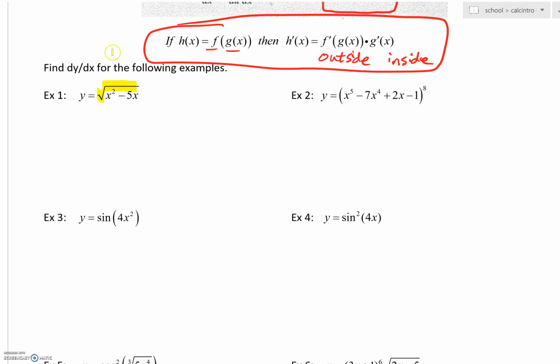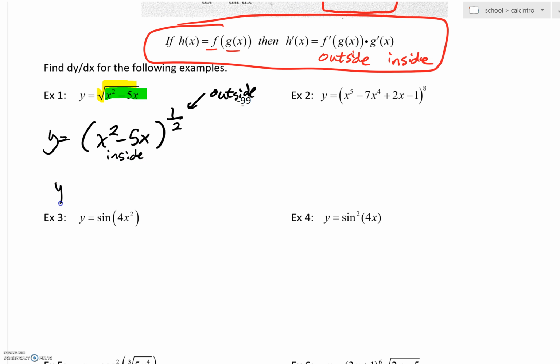And tell you what, maybe this is one of the nicest ways you can do it. The square root, isn't the square root really an exponent? It's the 1/2 power. And now you can see there's an outside function. Right? There's that outside function. And there's also going to be an inside part.